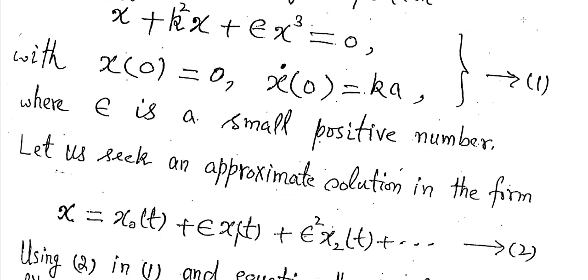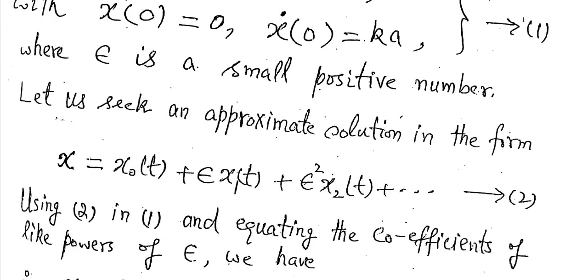We have already done all these calculations in our previous work. We assume an approximate solution in a regular perturbation way given by equation number 2, that is x is equal to x naught of t plus epsilon x1 of t plus epsilon power 2 x2 of t, and so on.